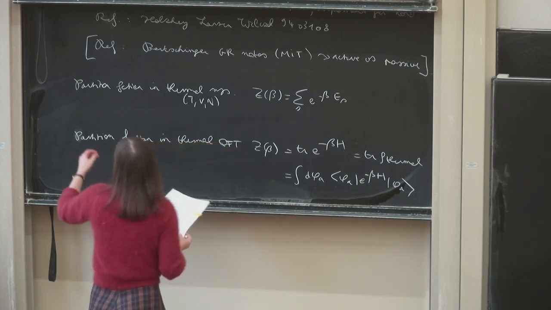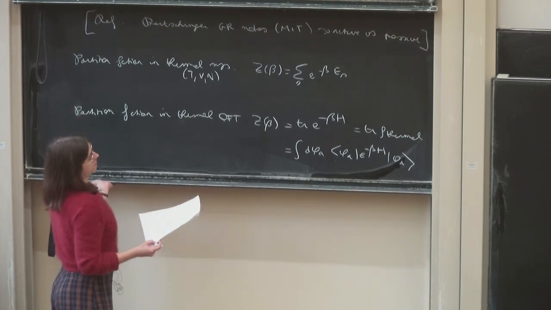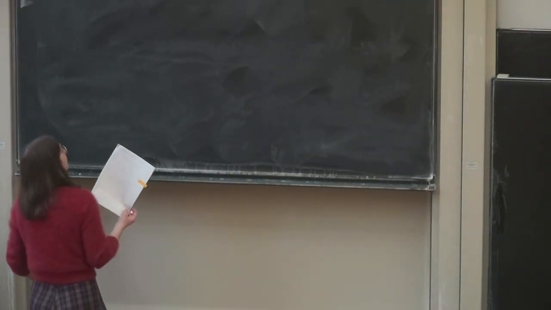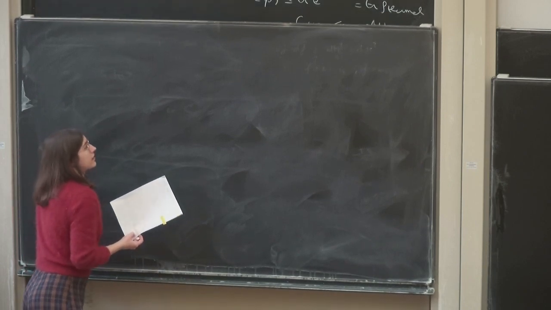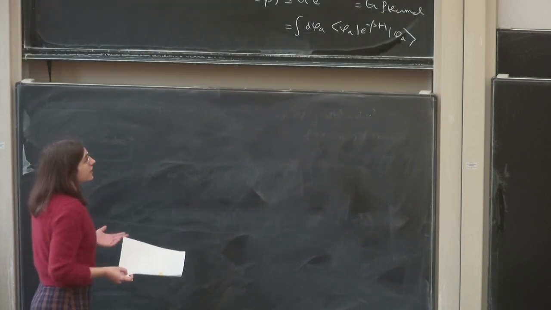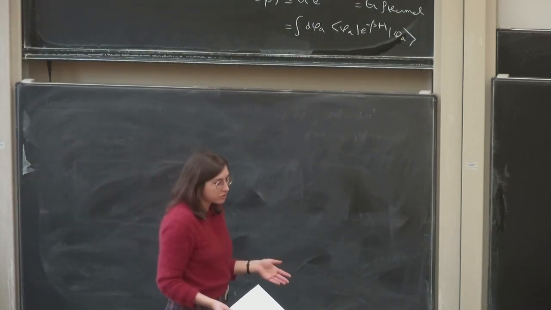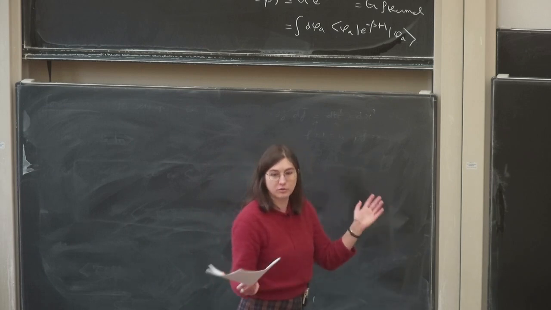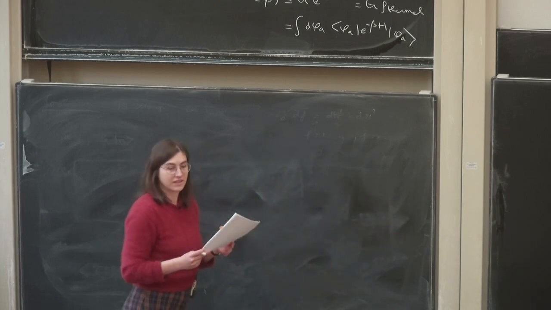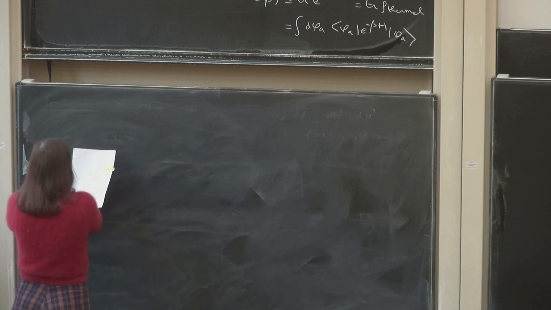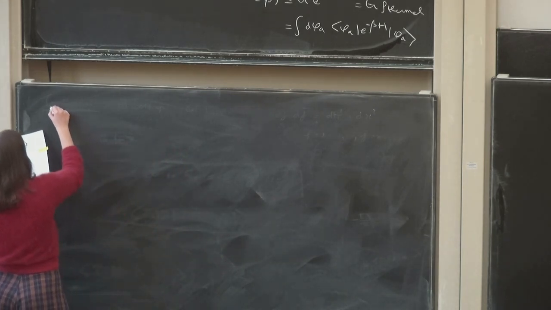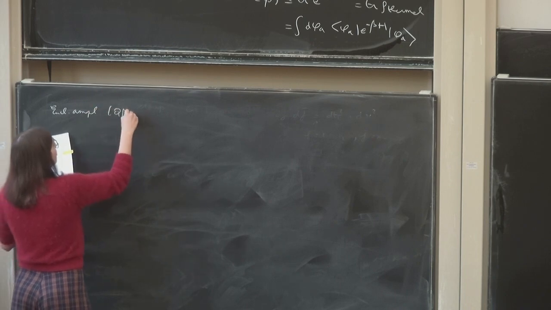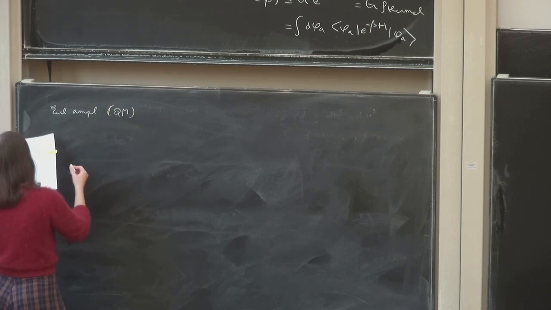So for that, let's write again a Euclidean amplitude like we did in the first class in the Schrödinger picture, Heisenberg picture, and path integral picture. Okay. So actually, let me do it first for quantum mechanics.